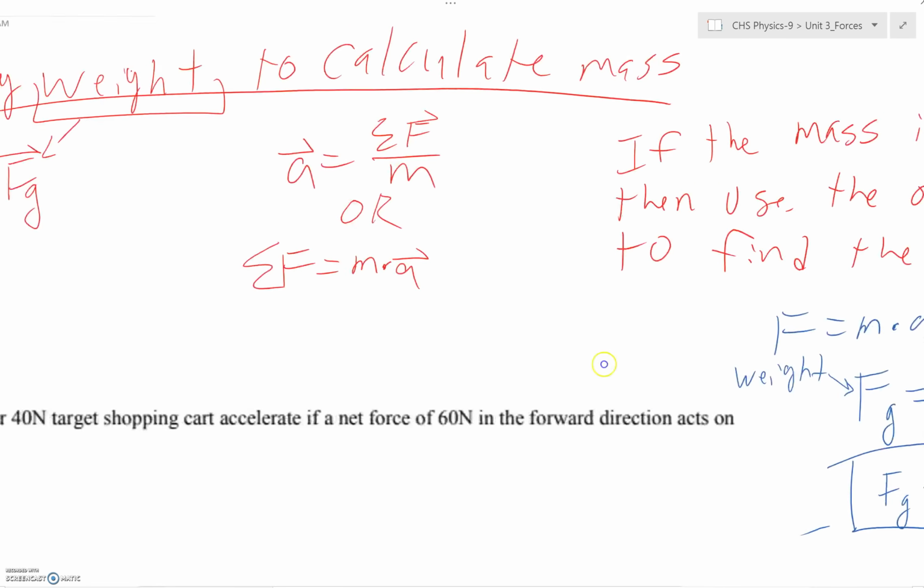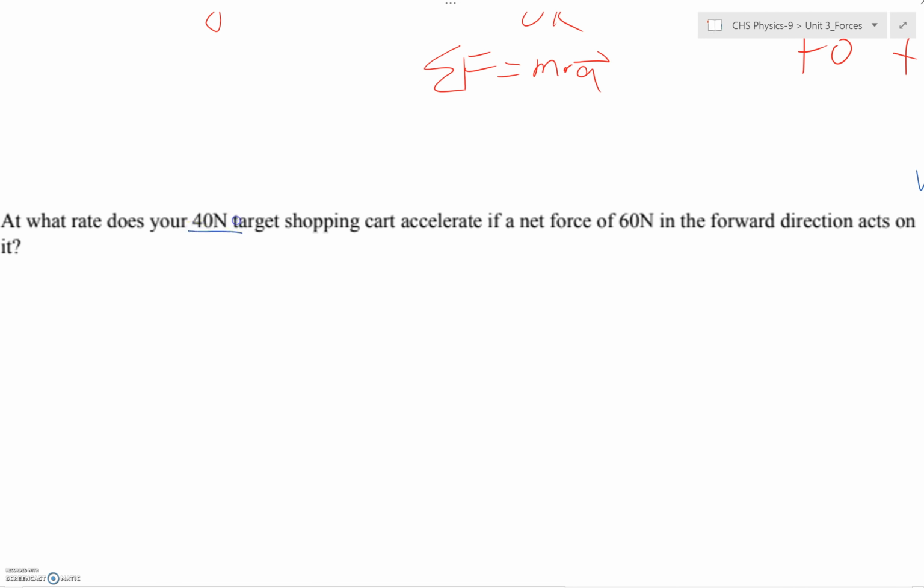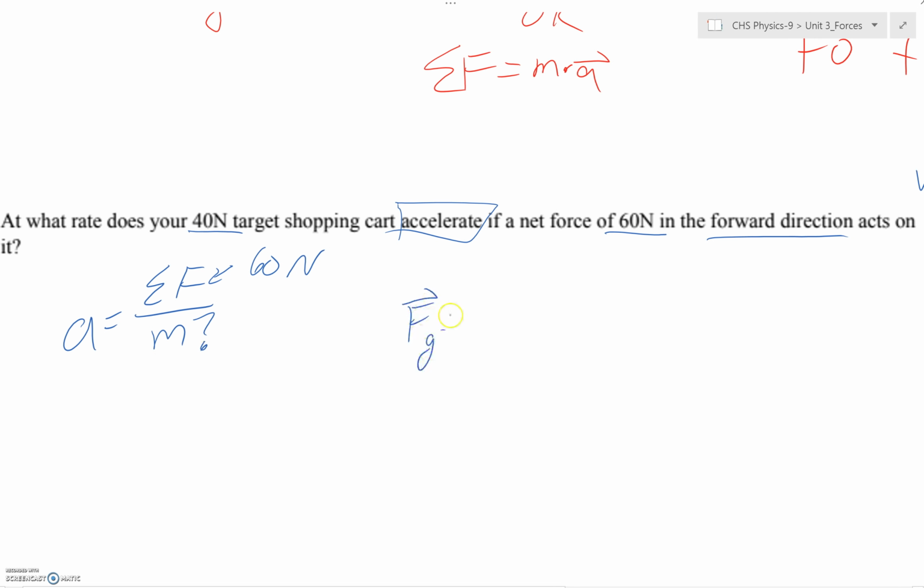So what do I mean by this? Let's use this example right here. At what rate does your 40 Newton shopping cart accelerate if the net force is 60 newtons in the forward direction? We know that we're going to solve for acceleration in the end. We need to know the net force, which we have. This is going to be 60 newtons, but we do not know the mass. So we have to use the equation I just talked about: force of gravity equals mass times the acceleration due to gravity.